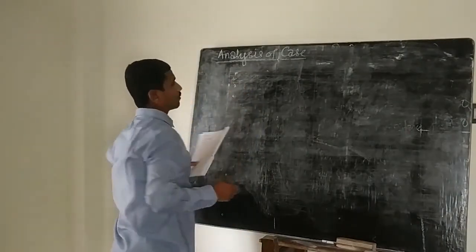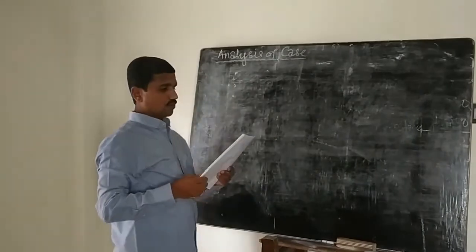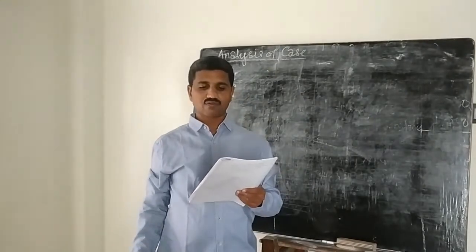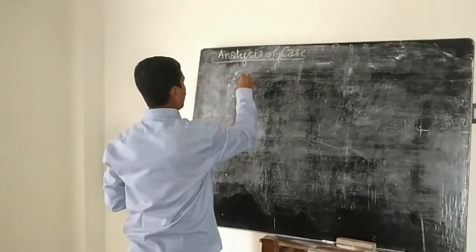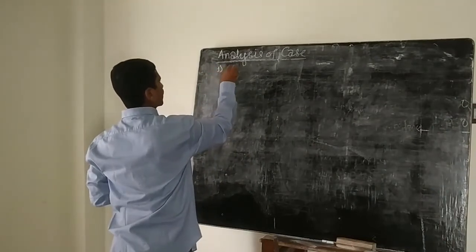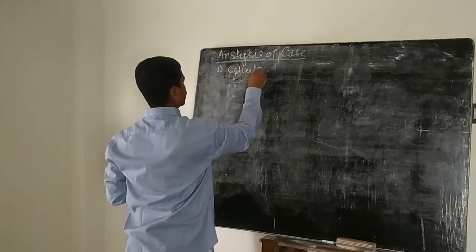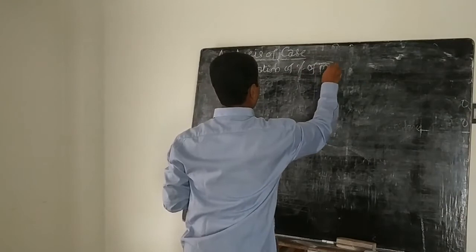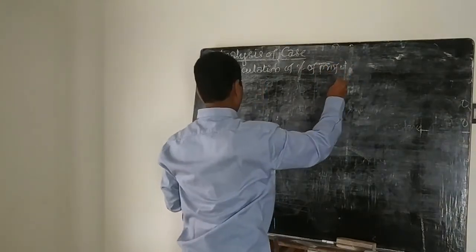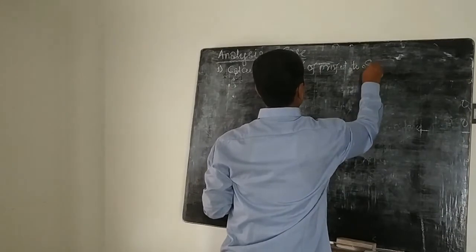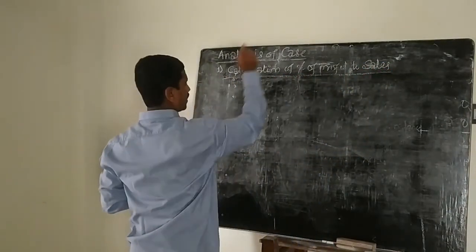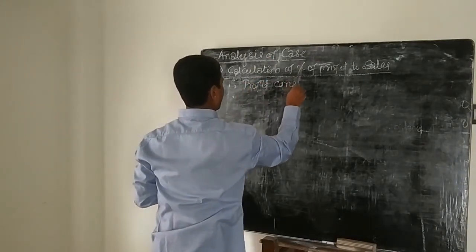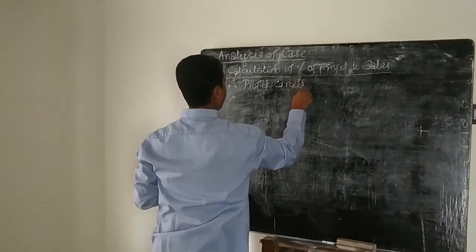That's why we need to calculate the profit on consignment. Because there is an abnormal loss also, that is 1,250 which we have transferred to P&L account, which will reduce your profit. So write down here calculation of percentage of profit to sales. Profit on consignment.